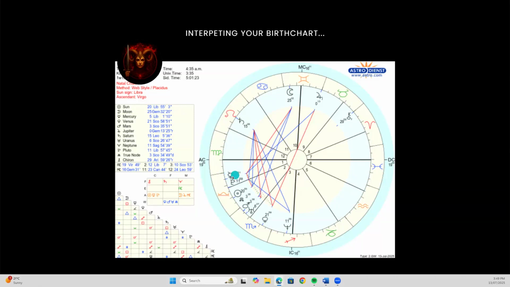And of course, all these different planets here will also carry the themes of that zodiac sign. So what you're looking for next is your Chiron placement, which looks like a little key we saw before.